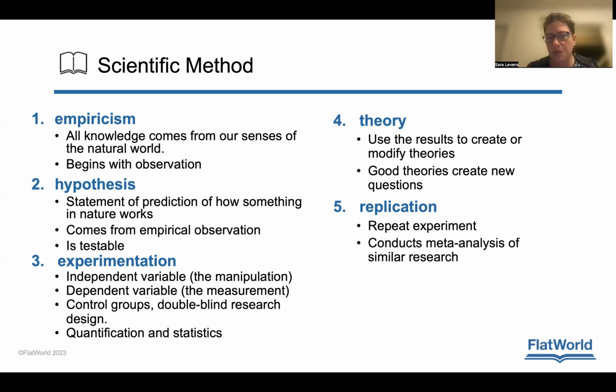It has to be a directional statement: I think blank will have this type of effect, not just an effect, but a specific type of effect, increasing or decreasing the outcome variable. So the independent variable and the dependent variable is what we then come to in terms of testing hypotheses using experimentation.